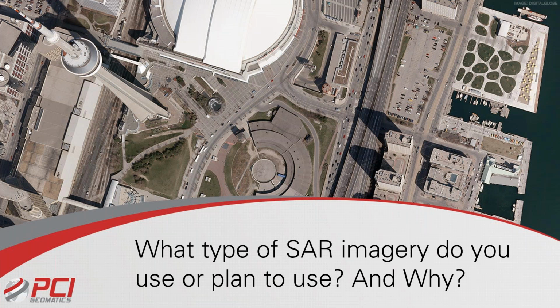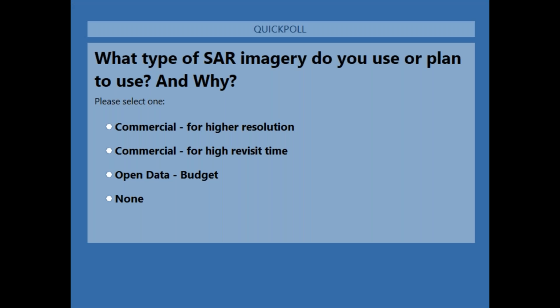Okay, so I think at this point in the webinar, we're going to do a poll, a question. This is to engage our audience and to understand a little bit more about how you're using and what kind of SAR imagery you're using today. So I'm just going to launch the poll right now. The question is, what type of SAR imagery do you use or plan to use, and why?